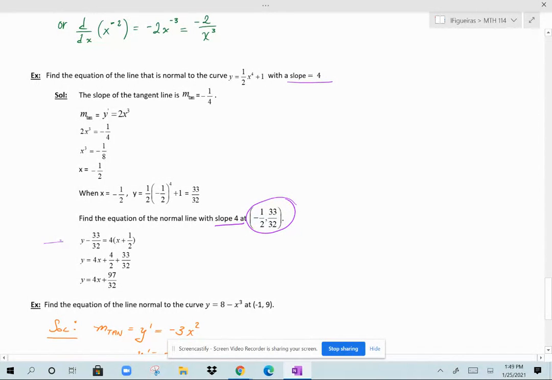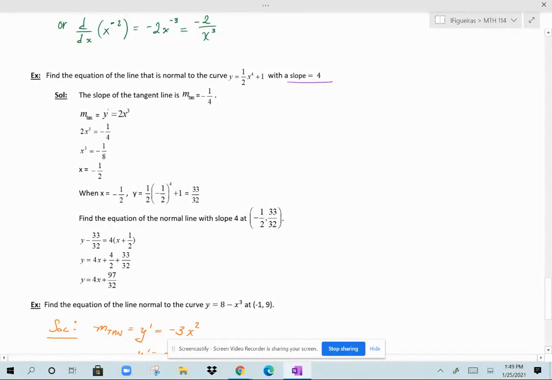I put that in the point-slope formula: y minus 33/32 equals 4 times x minus -1/2, which becomes a plus. I distribute the 4 and add 33/32. If I get a common denominator for 4/2 and 33/32, I multiply this one by 16, and that gives me a final answer of y equals 4x plus 97/32.